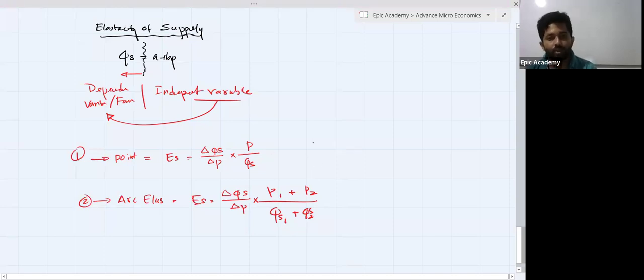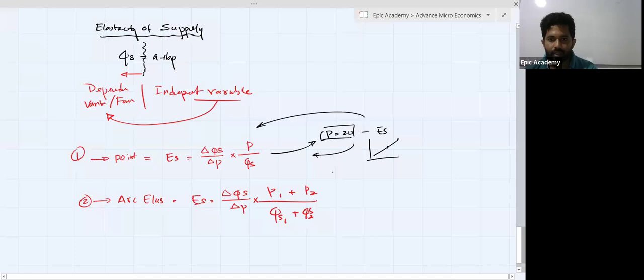If you are going to calculate at one point, at a certain price, for example when the price equals 20, it is very easy to use point elasticity. If you are calculating the elasticity of supply on a straight line at one point, you have to use point elasticity. If you are calculating it between two points, for example between points A and B, you have to use arc elasticity.